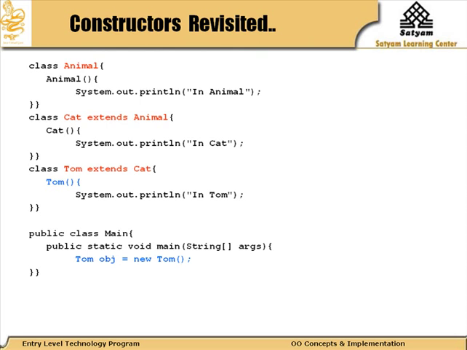From here, Tom's constructor implicitly calls the super constructor. Therefore, the control moves to Cat's constructor. Because Cat is extended from Animal, Cat's constructor also calls the super constructor, passing the control to Animal's constructor.